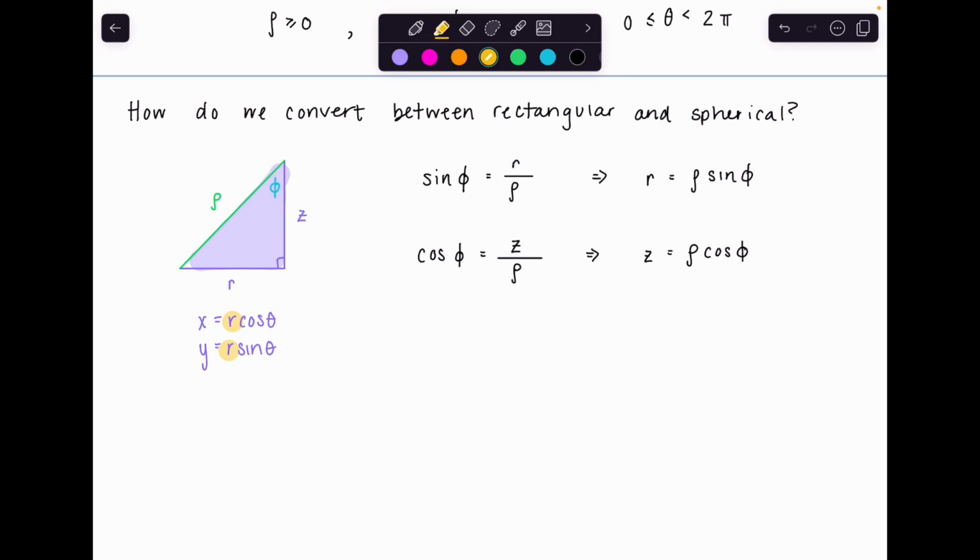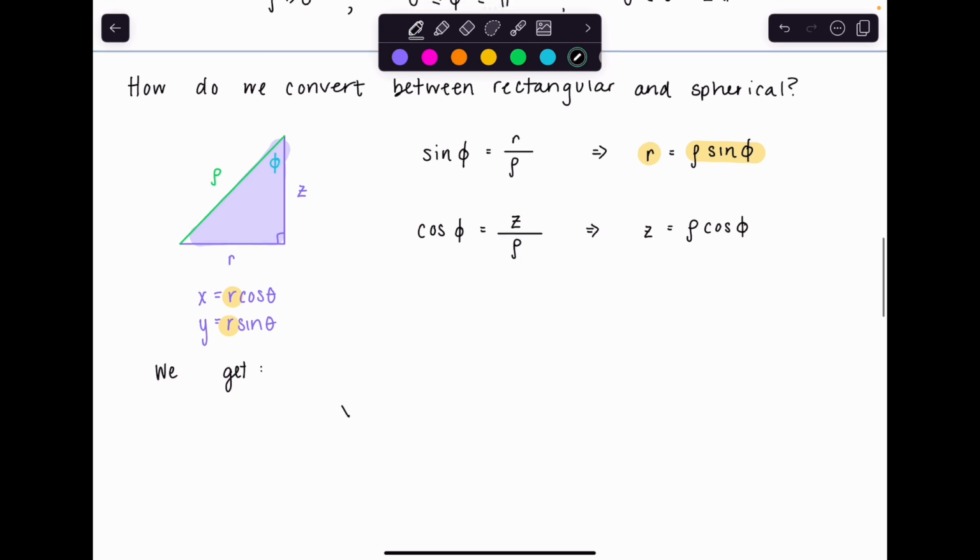Okay. So utilizing these two and utilizing that r is rho sine of phi, we get the following conversions. Our x coordinate is r cosine of theta. R, though, is rho sine of phi.